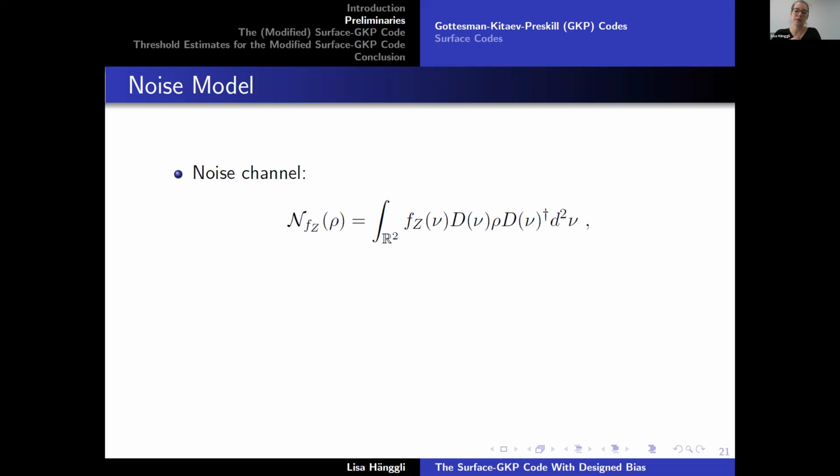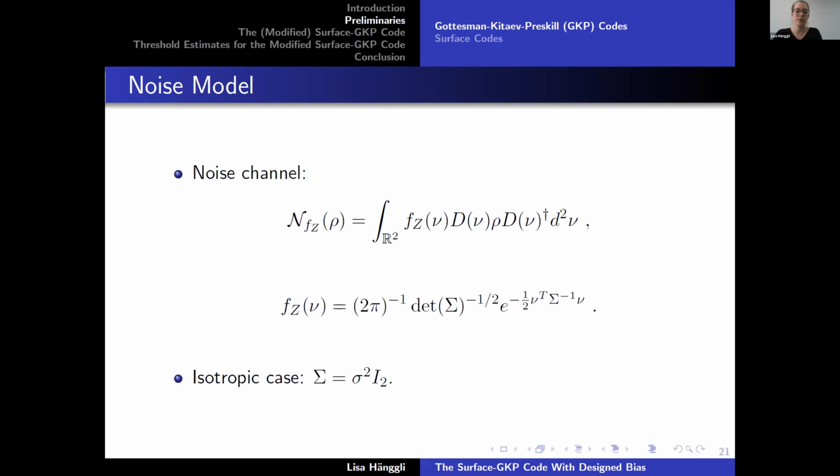Here the function f is a probability density function associated with some random variable Z. We are specifically interested in the case where Z is described by a centered normal distribution, which means that f is of the given form, where sigma is a covariance matrix. This kind of noise is also called Gaussian displacement noise.